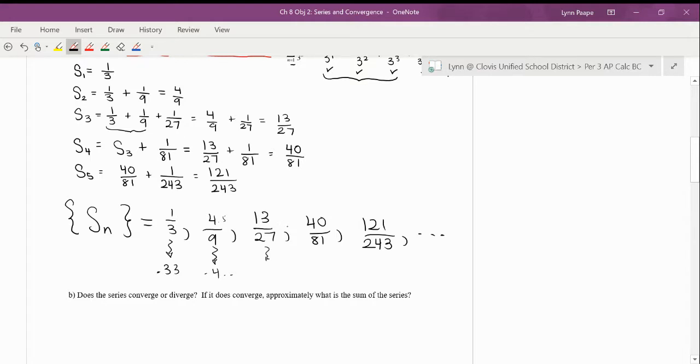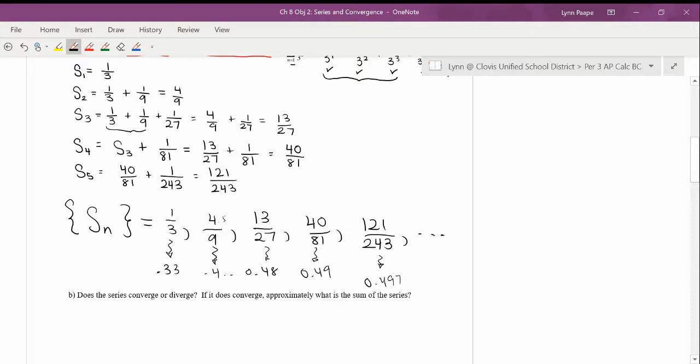Probably should have had that already. Okay, so 13 divided by 27 is 0.48. And then 40 divided by 81, that decimal is also close to a half, so 0.49. This one divided is also 0.49, but 7.